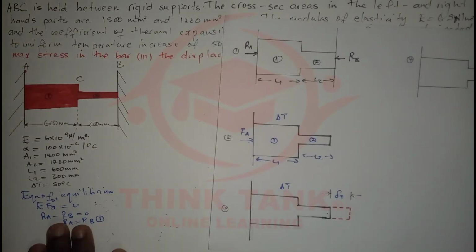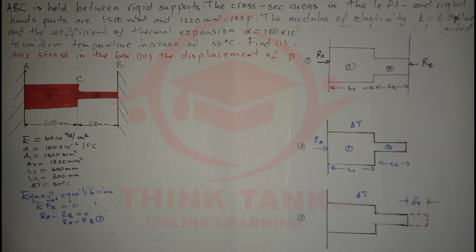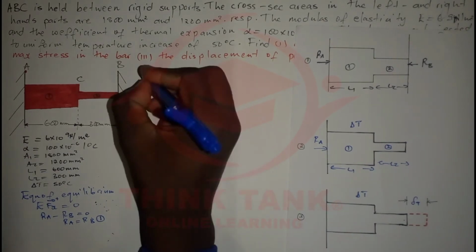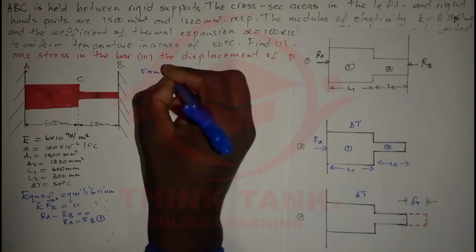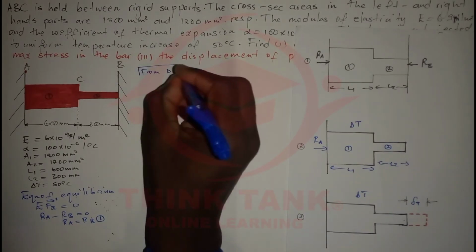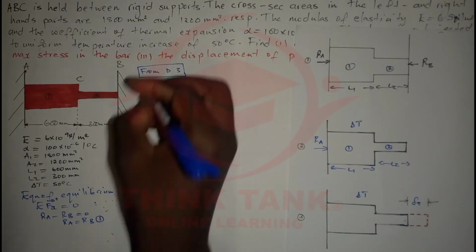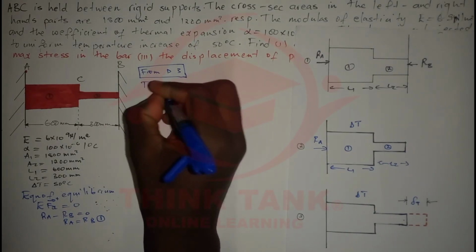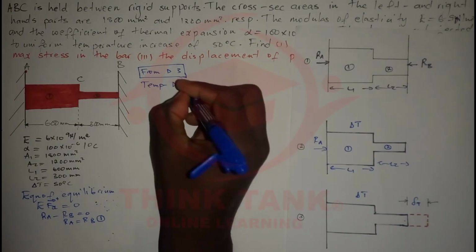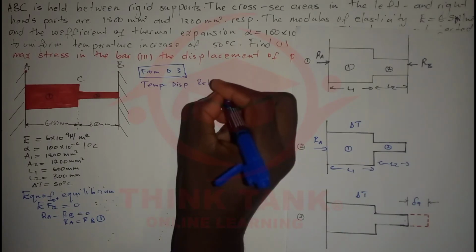We have this one equation. Okay, so from diagram 3, what do we know? We have a temperature displacement relation. I'm going to write it as the temp displacement relation that we have.